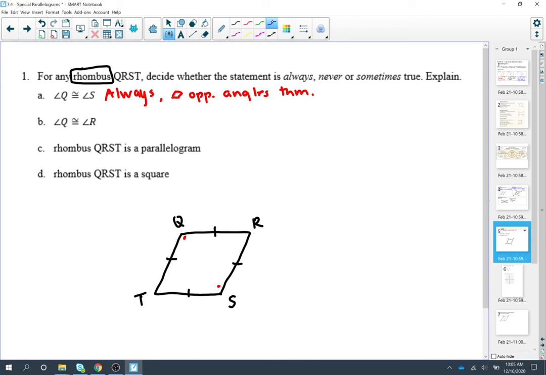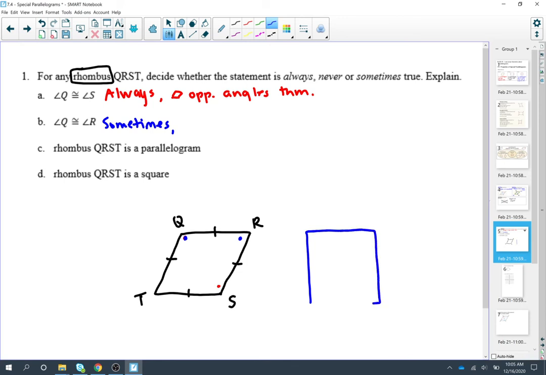Letter B. Angle Q is congruent to angle R. What do we think? I'm going to say sometimes. In my particular picture, they're not. Q is obtuse and R is acute. But what if I drew my rhombus as a straighter rhombus?